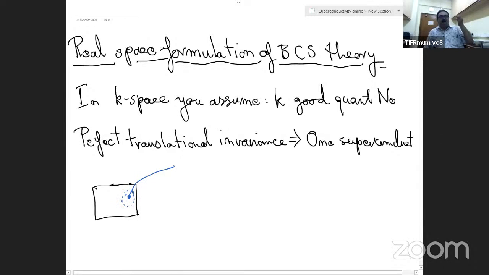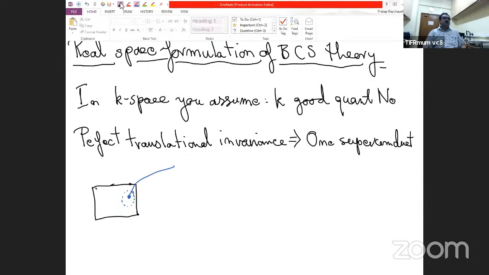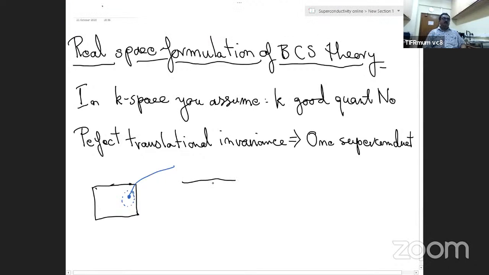Here I don't have perfect translational invariance because on one side I have a superconductor, on the other side I have a different thing, a normal metal. Or similarly, I can have a superconductor with inhomogeneity, small inclusions, where I have made an alloy with another immiscible metal.